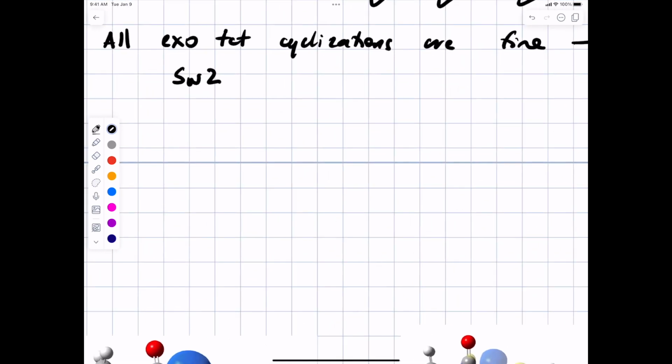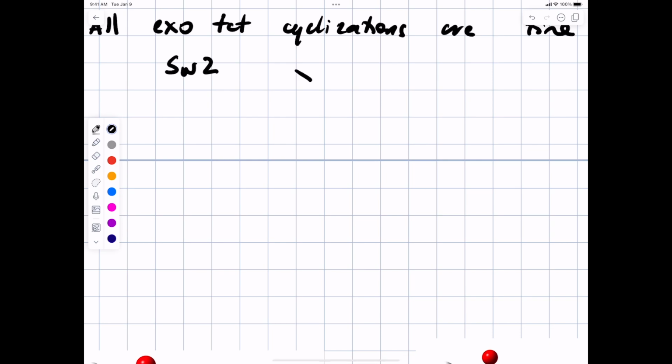So let me give you an example of an SN2 style exo-tet cyclization. Some of you maybe remember using beta dicarbonyl compounds in your introductory OChem class, and you could make the enolate, right? And then you can close the enolate.